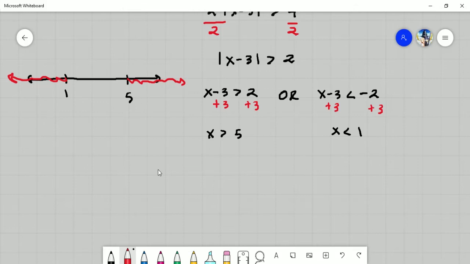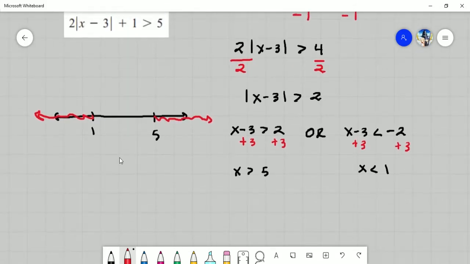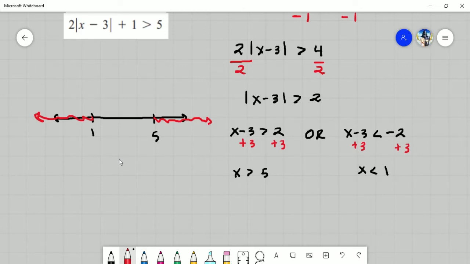So those endpoints I will not test, and they will not be included into our solution set as an interval notation. So the original problem was here, 2 multiplied by absolute value x minus 3 plus 1 greater than 5.